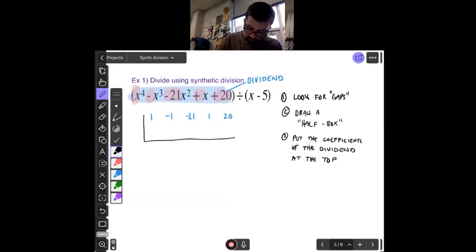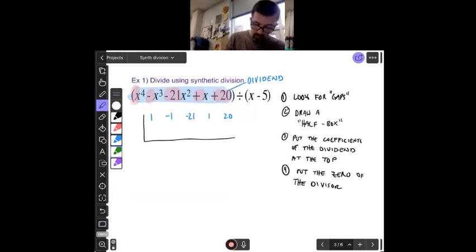Step 4. I'm going to put the 0 of the divisor on the left. So the divisor is the thing you are dividing by.